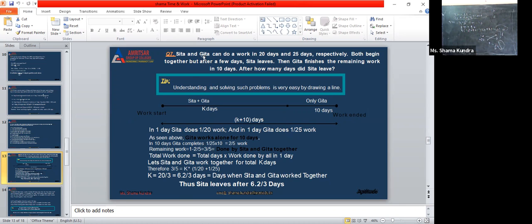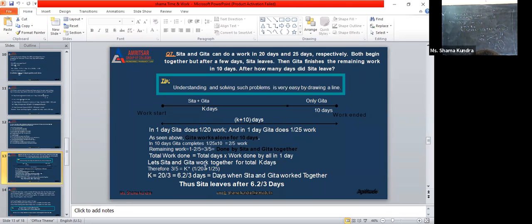But we already know Sita and Geeta together have completed 3 by 5 amount of work. So when you equate 9K by 100 equal to 3 by 5, you will get the value of K as 20 by 3 days.